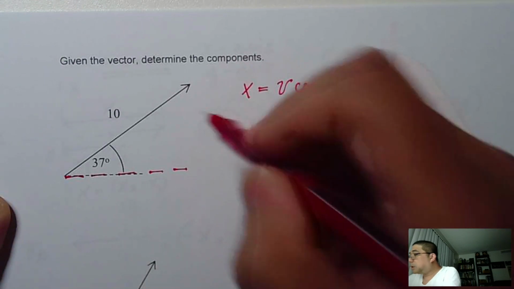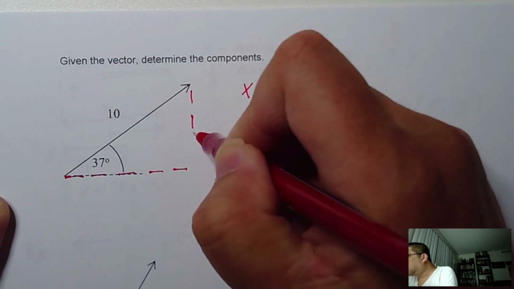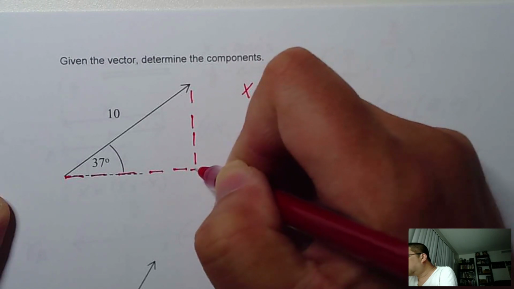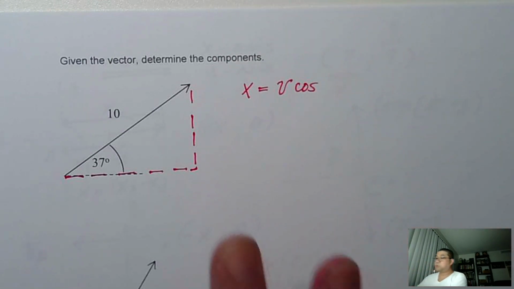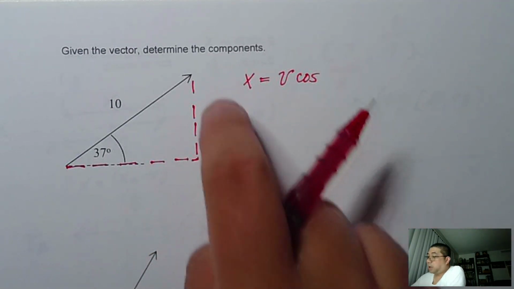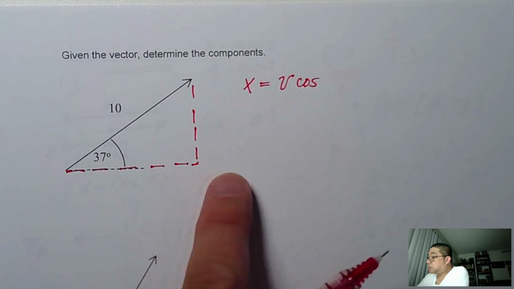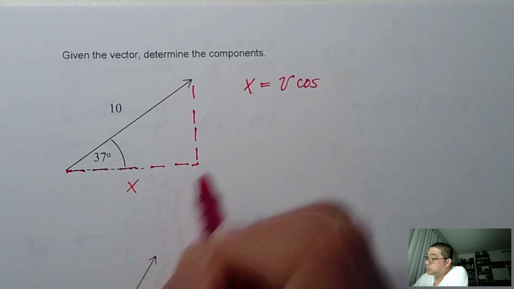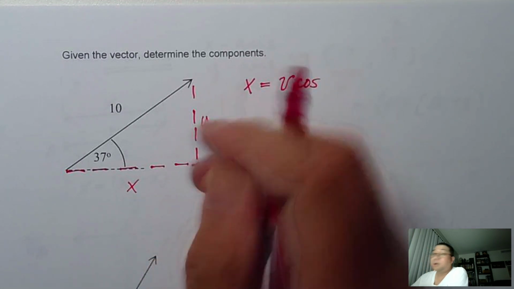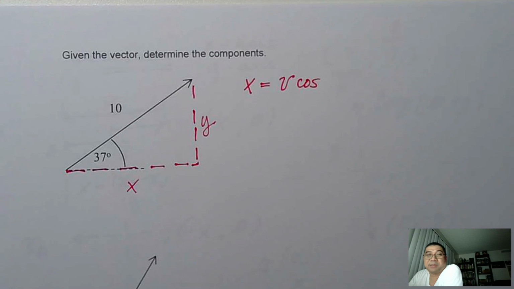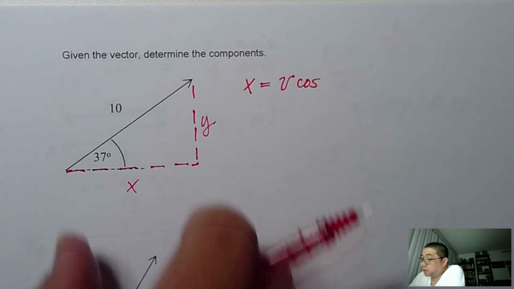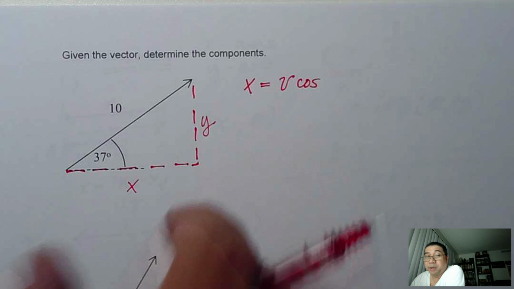to properly label this, ladies and gentlemen, you are not supposed to draw any arrowhead. We know that this one's going up. We all know that the x component is going to the right. However, during the test, here's the rule. You cannot draw any arrowhead, and your components must be drawn with dotted lines.